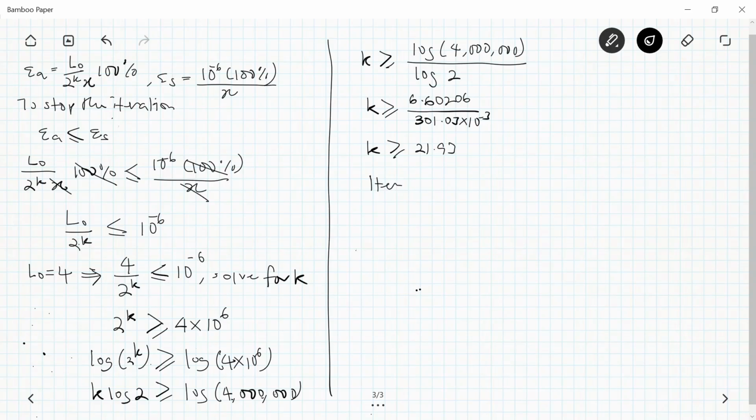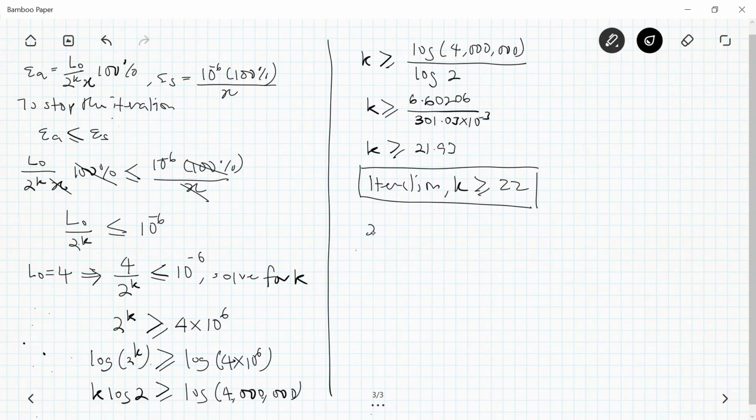So iteration k should be equal or greater than, okay, the iteration k should be greater or equal to 22, at least 22 iterations for our case to get epsilon A equal to 10 to the minus 6.